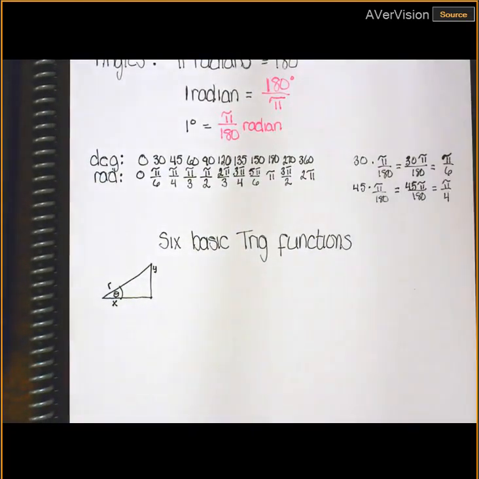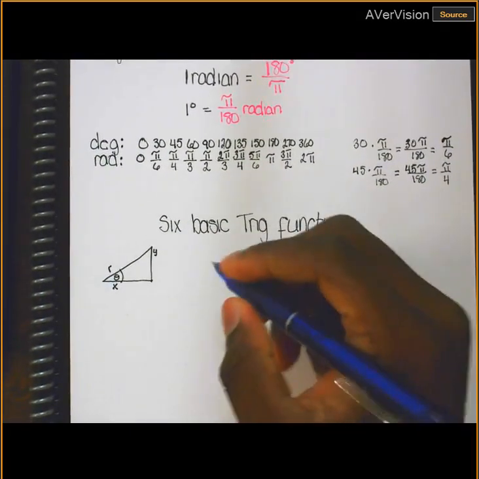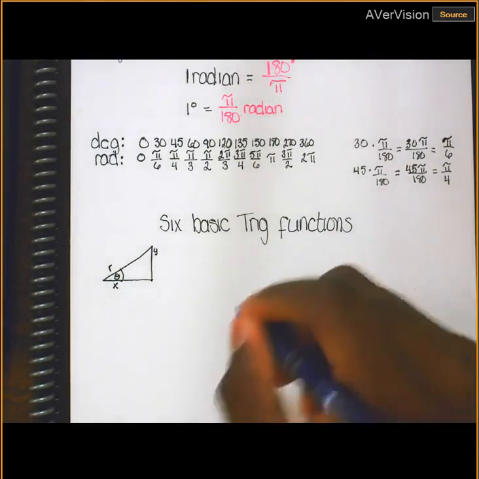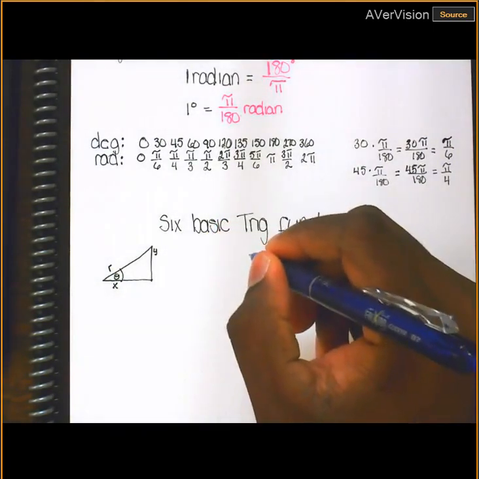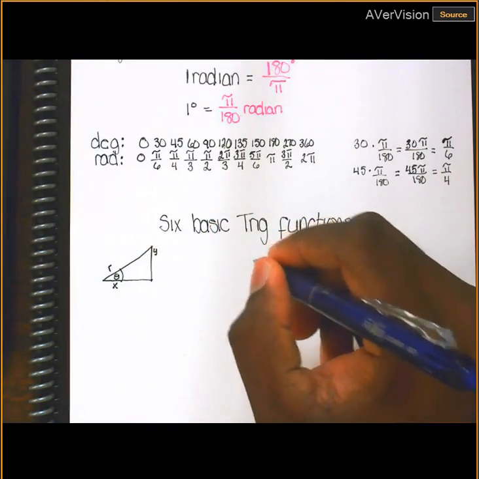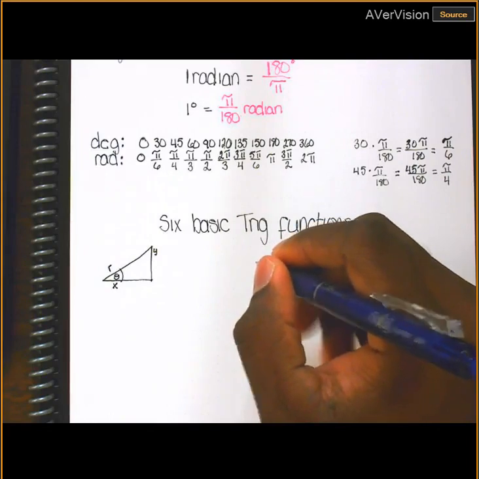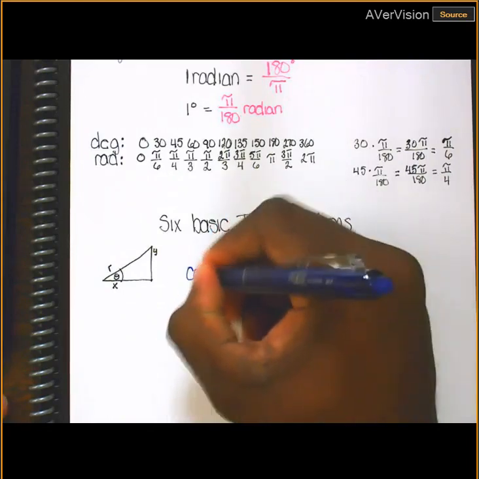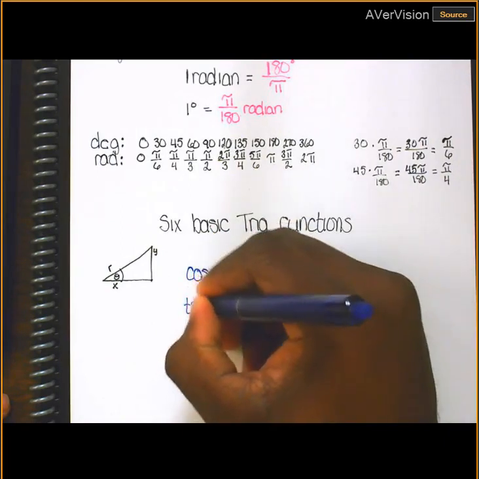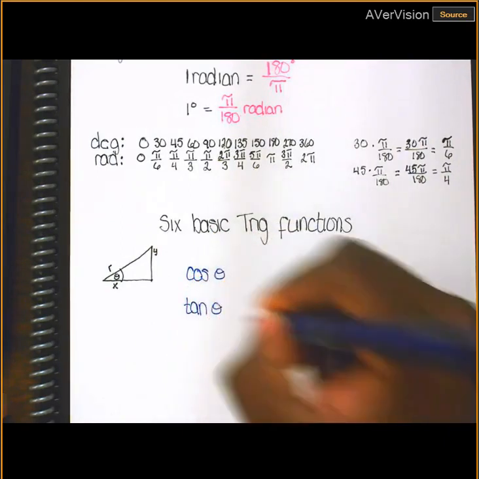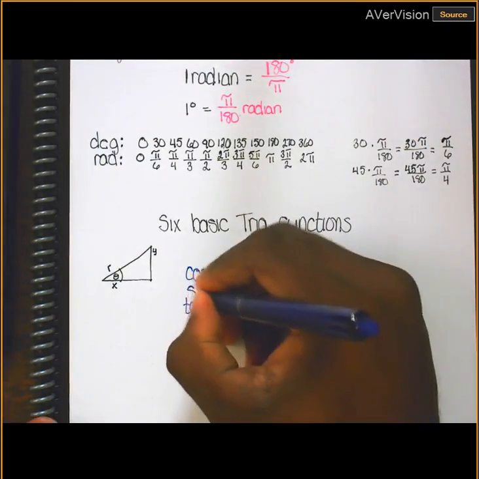What are the 6 basic trig functions? Cosine is one of them. Tangent is another. Sine.